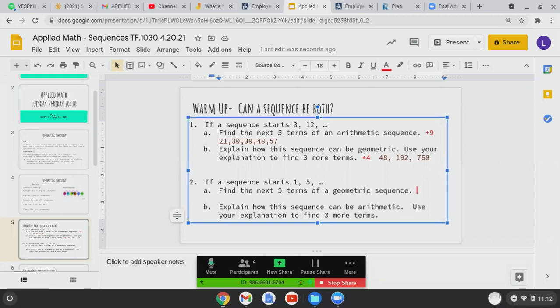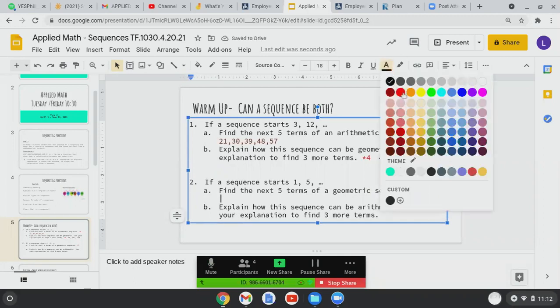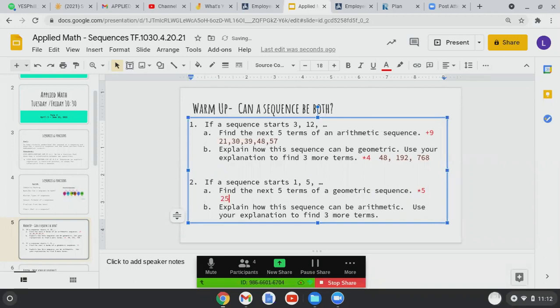Yep. So if we times 5, then 25, 125, 625, 3,125, and then 15,625. Yep.